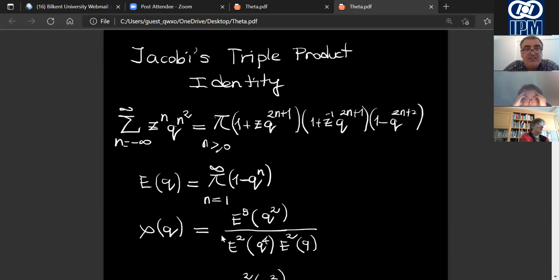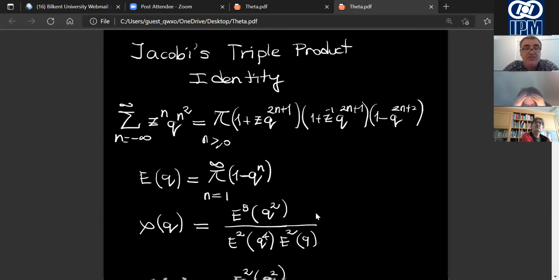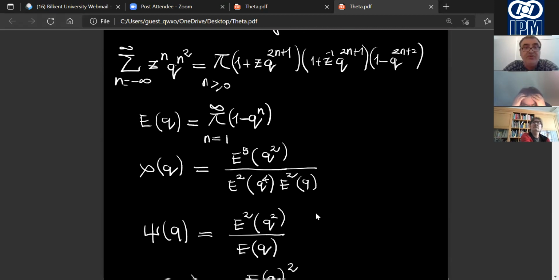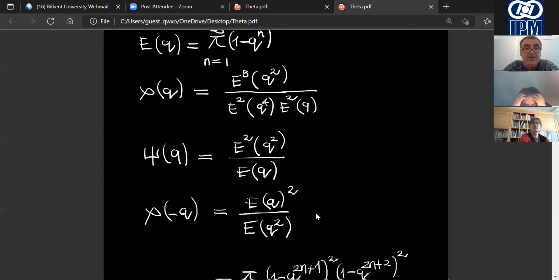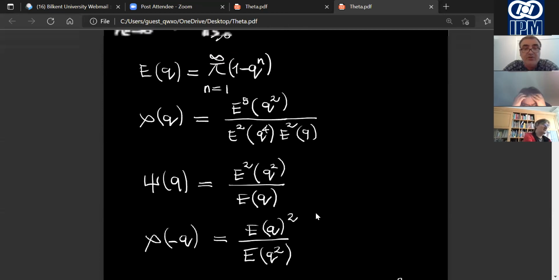Each classical theta function can be written as a quotient using the Dedekind eta function, essentially. We can do this for varphi of q, for phi of q, and for psi of minus q.